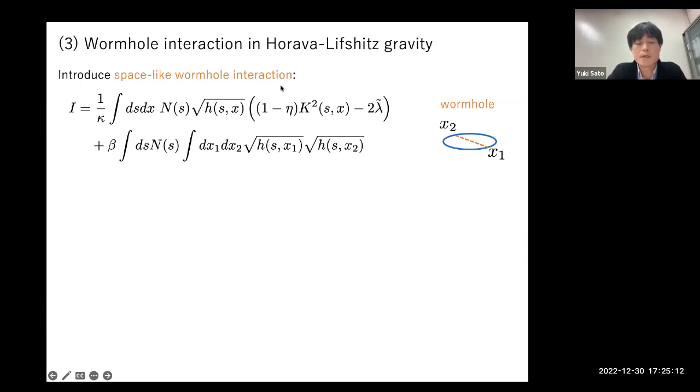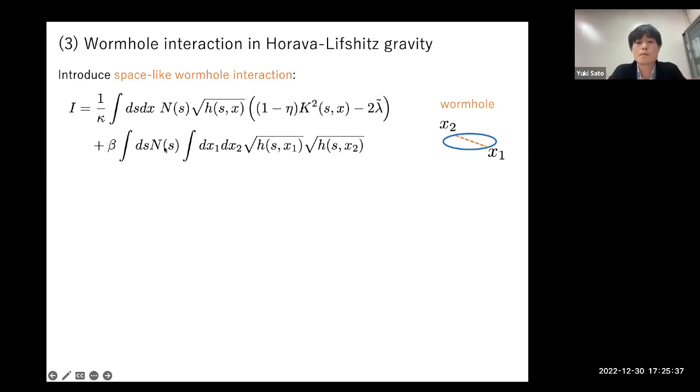The first one is nothing but the action for the projectable Horava-Lifshitz gravity. And the second one is a new one. This is a sort of bilocal interaction term. This term means a wormhole that connects two distant points in the space-time at equal time.